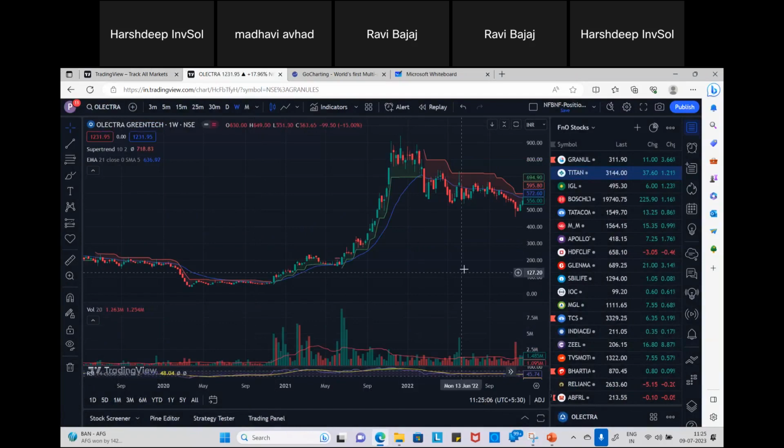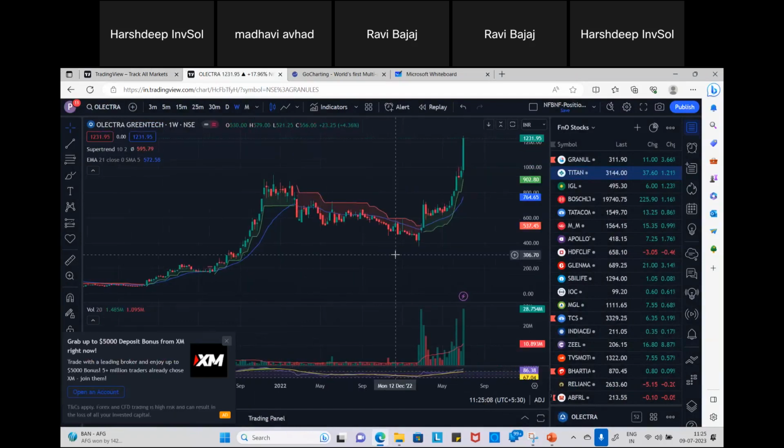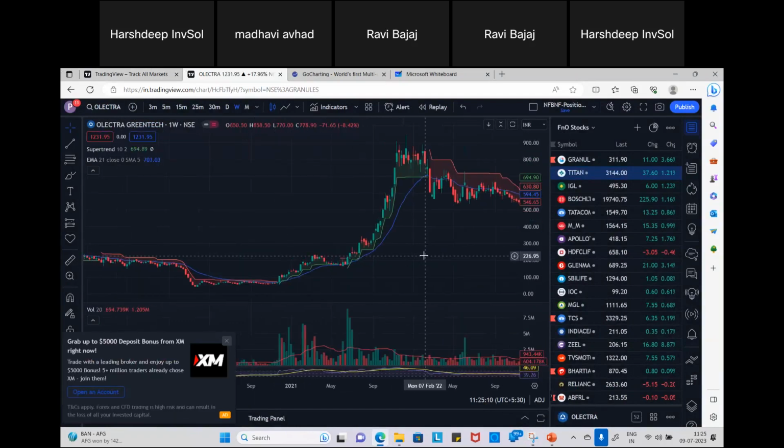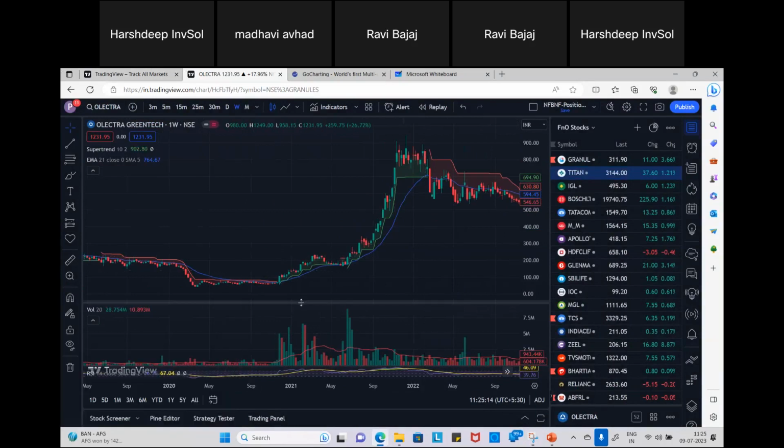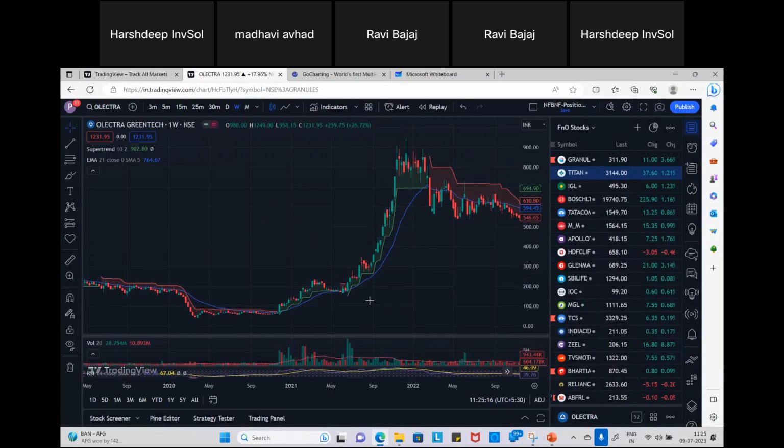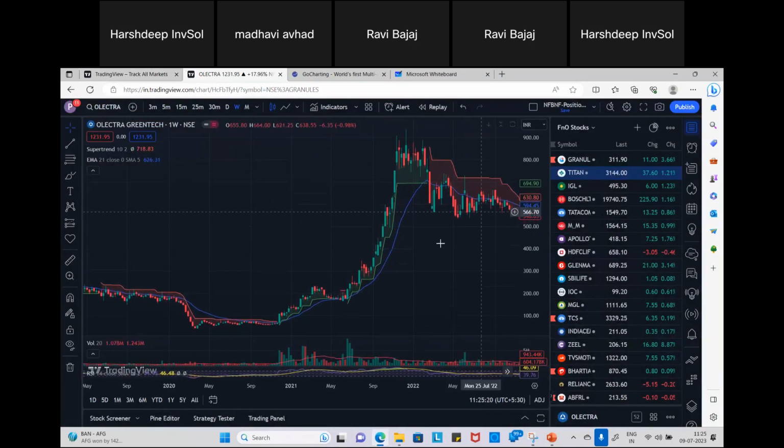Let's slightly go a little backward because we also need to check whether it has worked or not. And forward testing anyway you can do by using the scan results and the strategy.